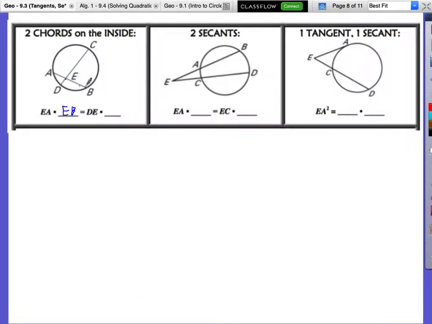So part of the chord times the other part of the chord, separated by where they intersect. Segment DE would be times EC, CE, however you want to word that. So you do both parts of one chord multiplied together equals both parts of the other chord multiplied together.